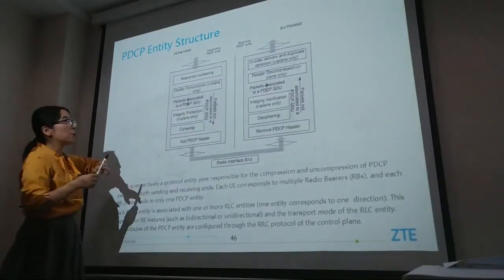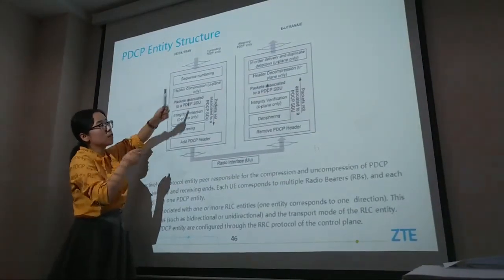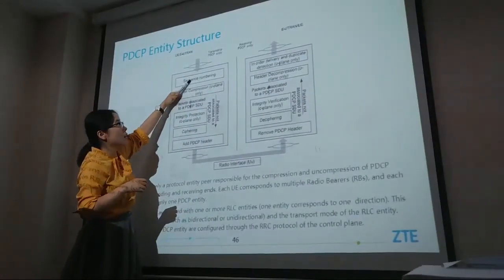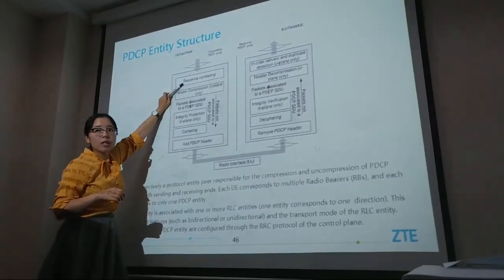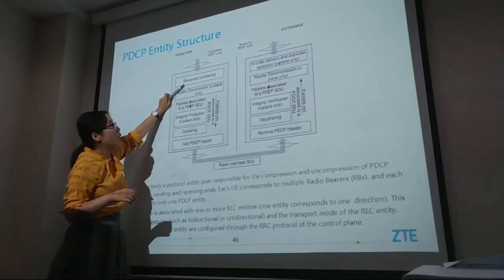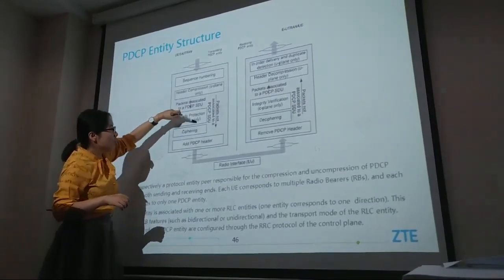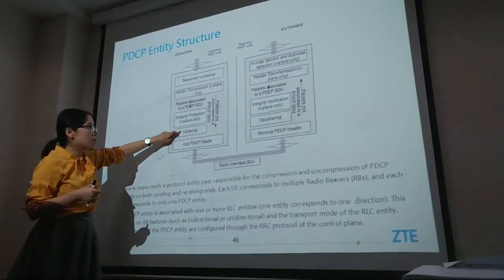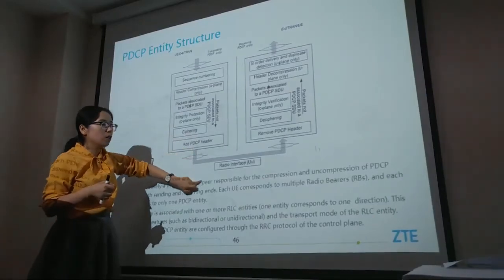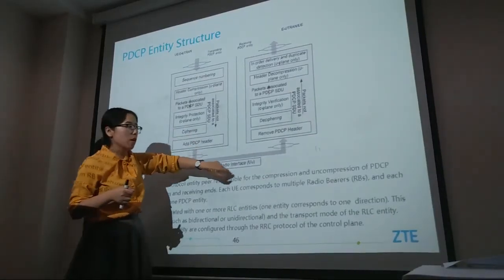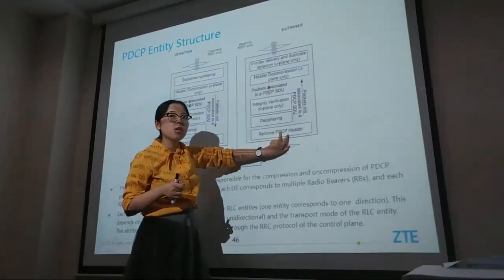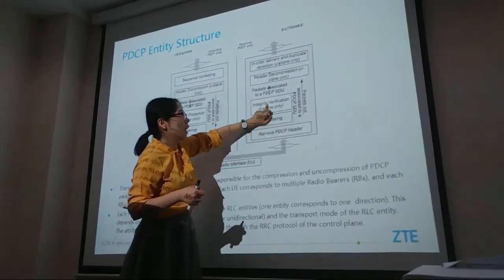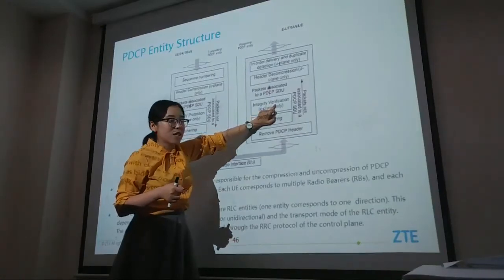For the control plane, when the signaling from the RRC layer arrives here, it will also be given a sequence number. After that, it will perform integrity protection and ciphering, and deliver to the lower layer. When received from the lower layer, it removes the header first, then deciphering and integrity verification.